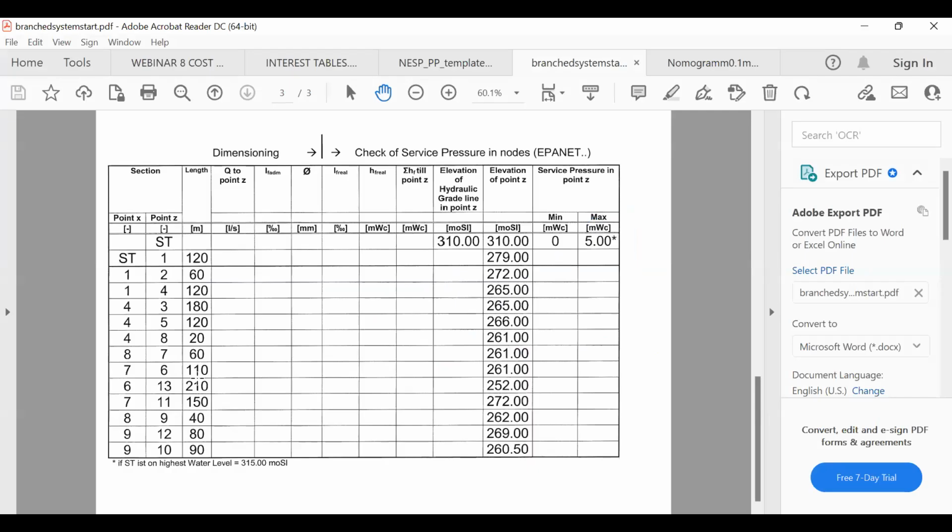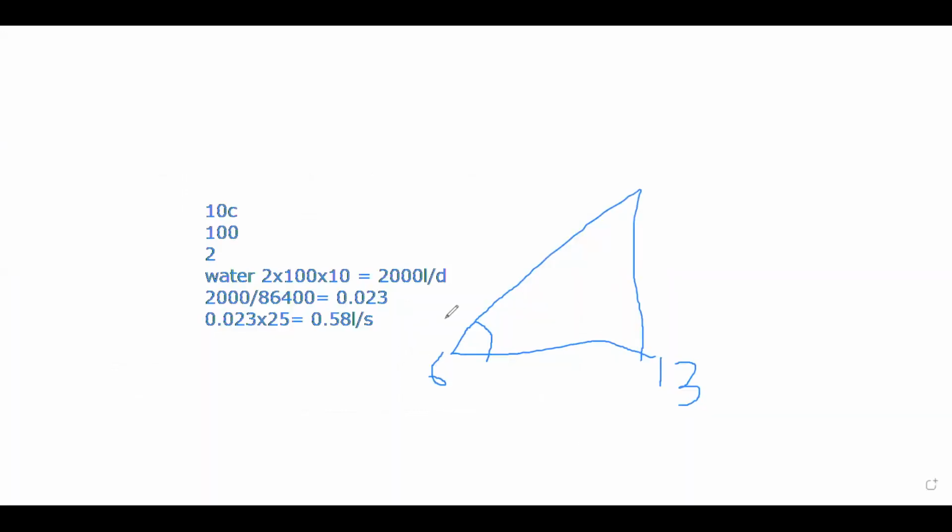Okay, 110 is section 7 to 6, 110 meters in length. That's fine. I get it now. So then from 6 to 13 is 210. That's the total length. Yes. But when you want to do the elevation, you go to this point, which is the Z value, and subtract from the corresponding Z value of the next one. I was about doing this, but no need for it again. I guess it's well understood. Please go ahead, sir.